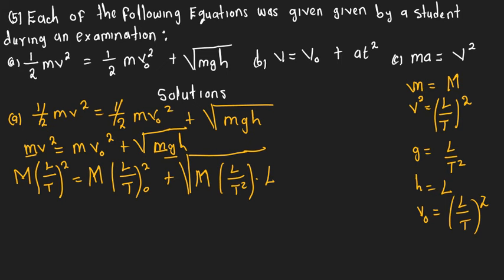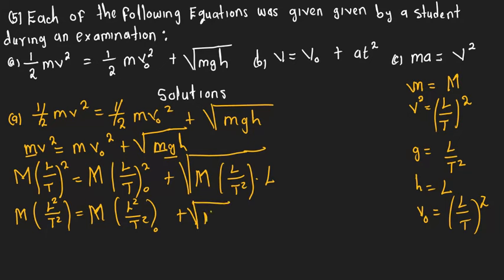Now, what is going to happen is this. This is just the same as M L 2 over T 2 equal to, this is going to be M L 2 T 2 initial plus, now look at this, this L and that L can multiply. We can end up having something like M L 2 T 2.